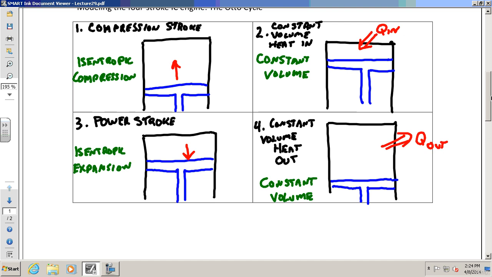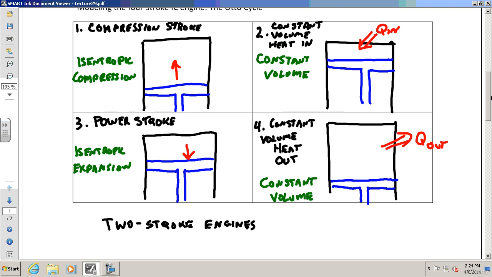Now, you can do two-stroke engines as well. Two-stroke engines just have a power stroke and an exhaust. Power, exhaust, power, exhaust, power, exhaust. That's all they do, basically.